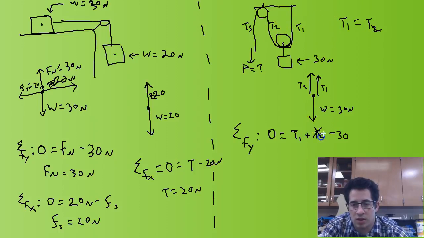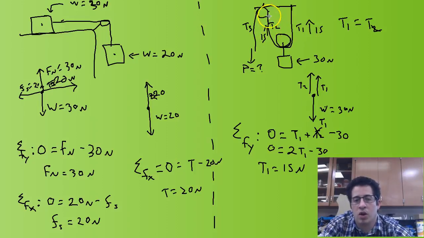So we could just rewrite this as 2 times T1 minus 30 equals 0, or that T1 equals 15 newtons. Okay, and so to balance this out, we're pulling up with 15 this way and 15 this way.